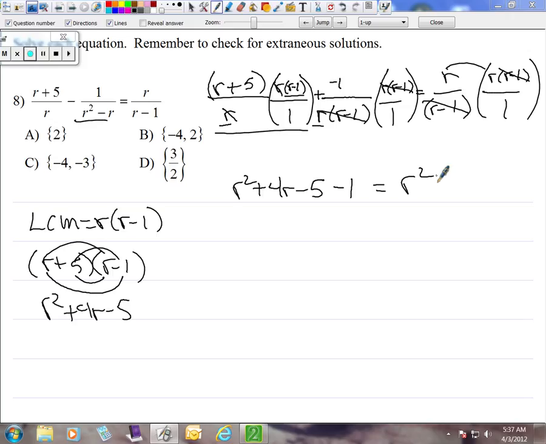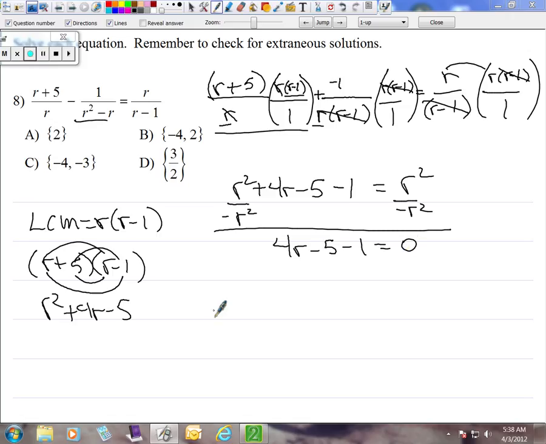Now, this time don't assume that we have a quadratic until you look at it. What's going to happen here is when we subtract r squared, we're not going to have a quadratic anymore. We're going to end up with 4r minus 5 minus 1 equals 0.